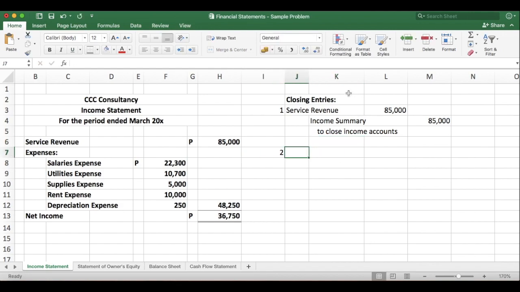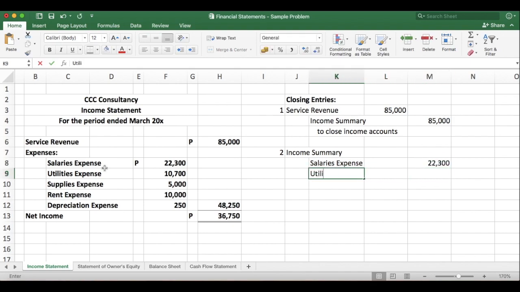So what you do is just look at the expenses in your income statement, and expense, to close it, has a normal balance of debit, so we will credit them. And the partner debit would be income summary. So debit income summary by the total of that, and you credit each expense. So credit salaries expense 22,300.